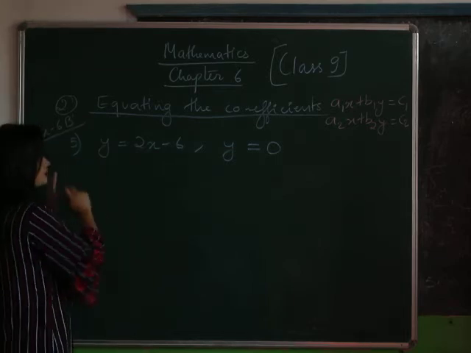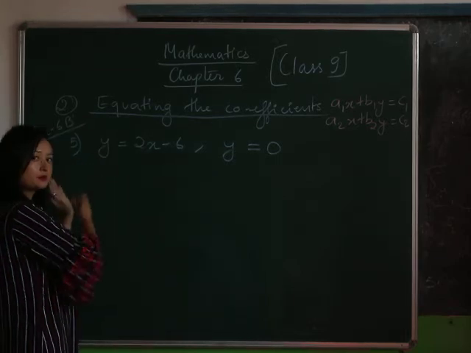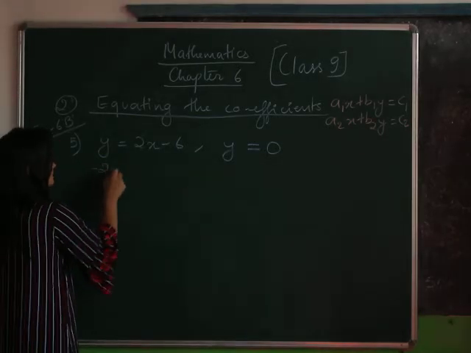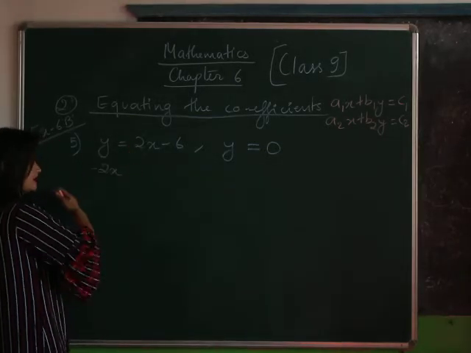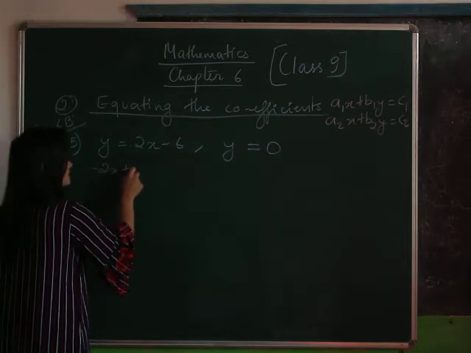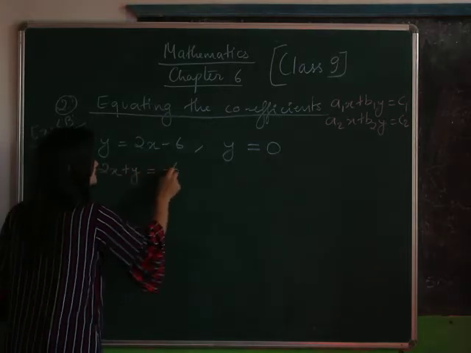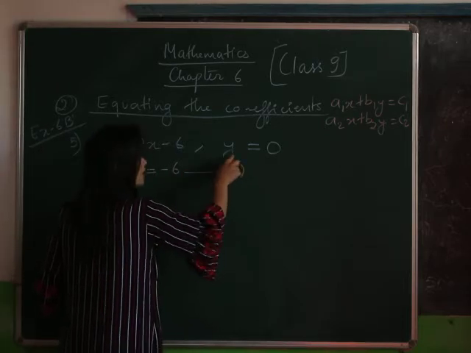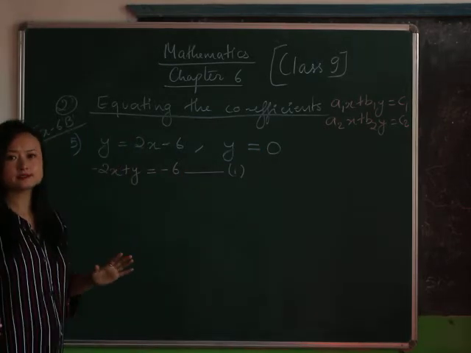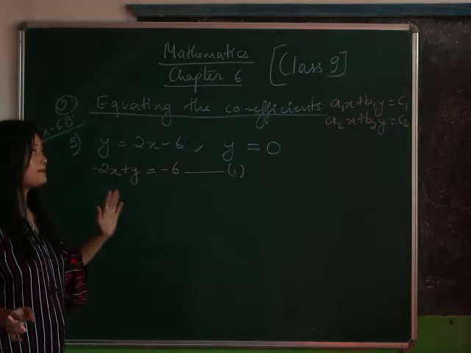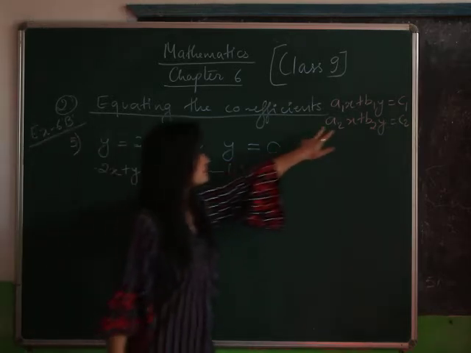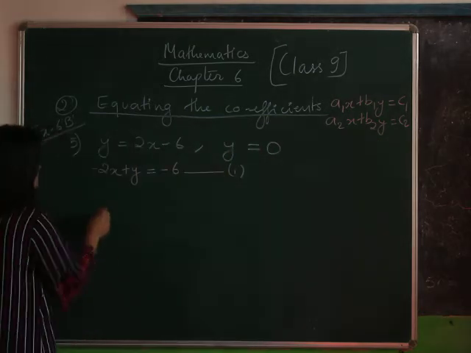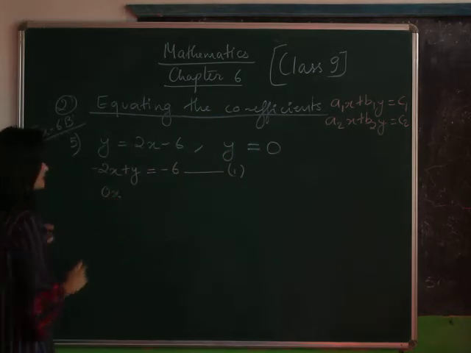In the first equation, all the variables will be on the left hand side and the constant on the right hand side. So 2x comes to this side and becomes minus 2x, y stays plus y, and minus 6 as it is. This is your equation 1. Now y is equal to 0. There is no x and there is no constant, but if you have to write it in this form, the coefficient of x is 0, so 0x.